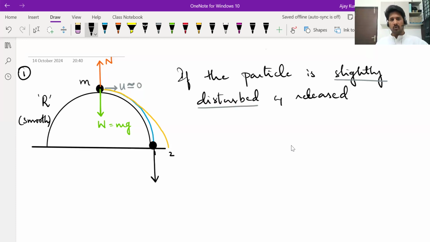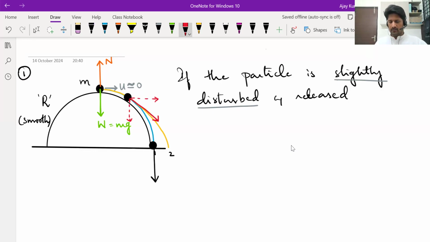Means the velocity of the particle will have to become vertical. But along the way, maybe at some position here, the velocity of the particle would be like this. It has an x component and a y component. The x component is taking it to the right side, the y component is bringing it down.